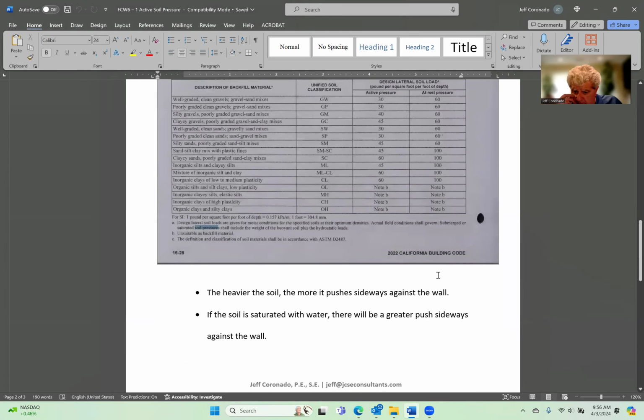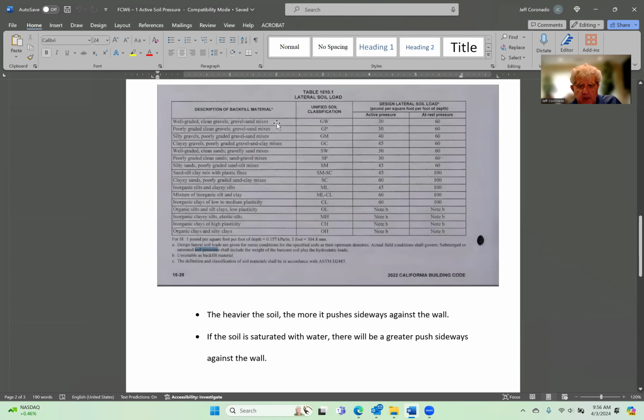So the heavier the soil, the more it pushes sideways. Almost intuitive, almost intuitive. The heavier the soil, the more it's going to push against the wall. If the soil is saturated with water, there will be a greater push sideways.